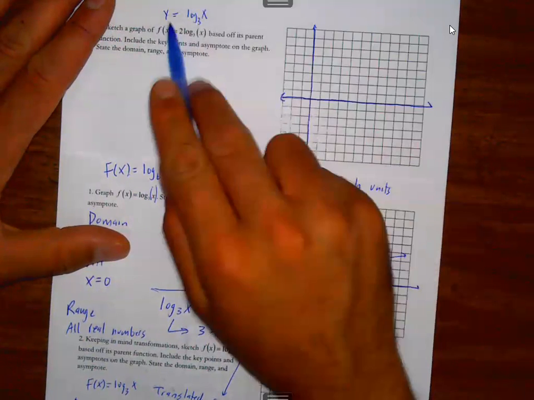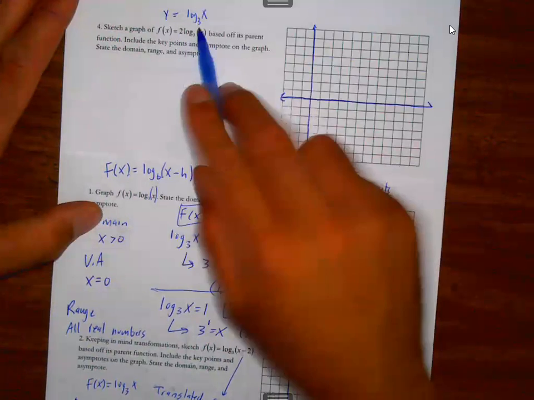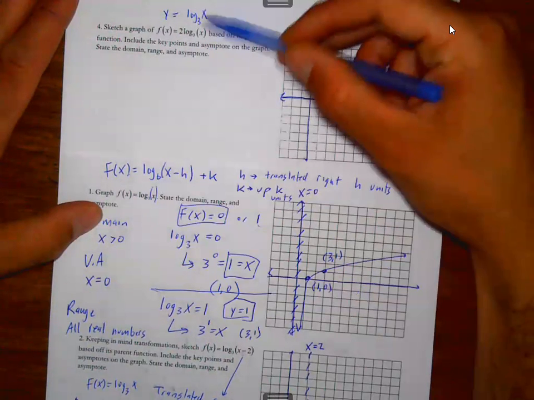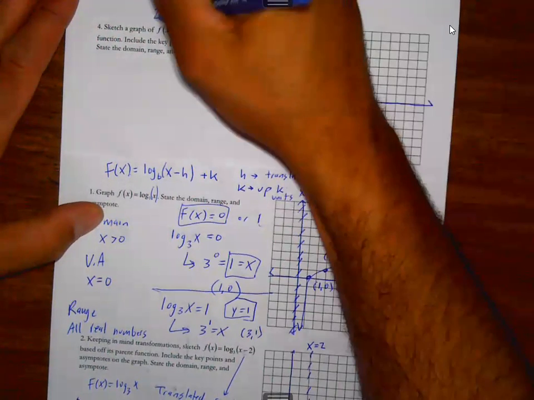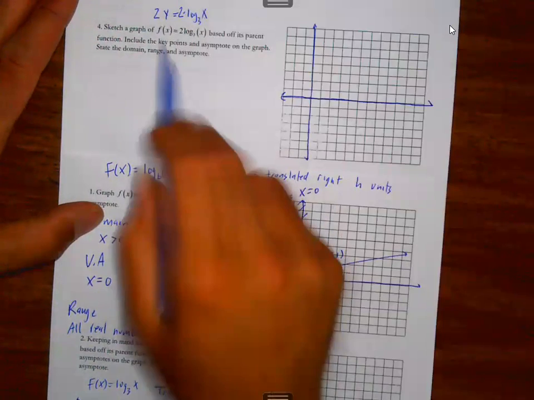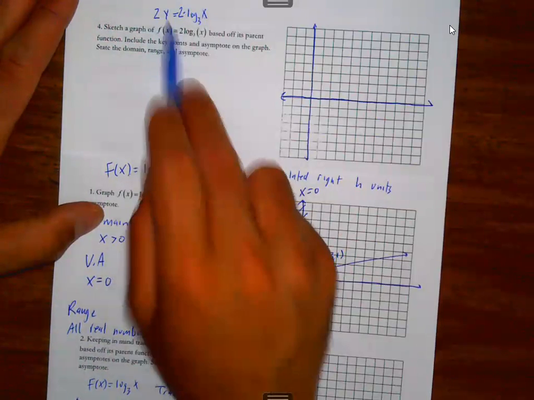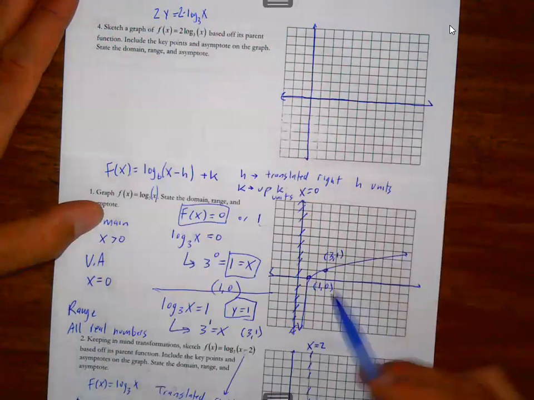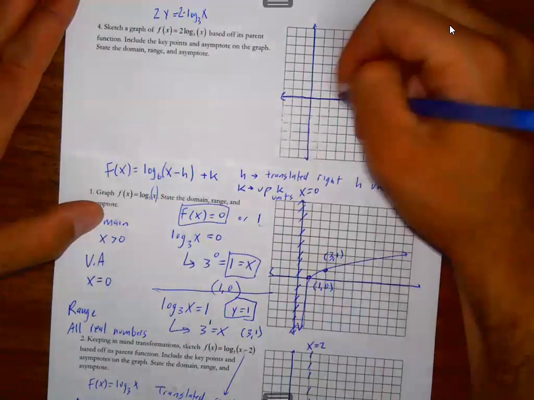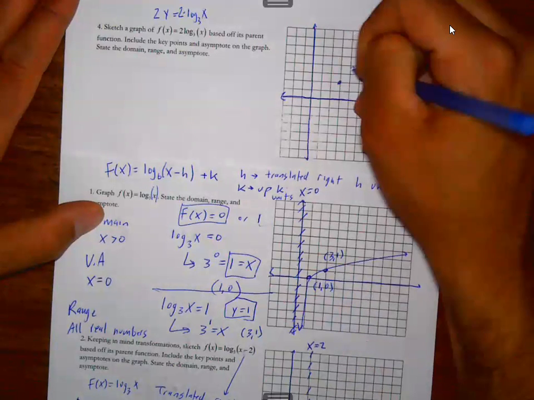So the original y coordinate is equal to the log of x base 3. If we multiply both sides by 2, so we take all the y coordinates and multiply them by 2, now we have the graph that we're trying to graph. So we could take this point 3 comma 1 and multiply the y coordinate by 2, and we get 3 comma 2.